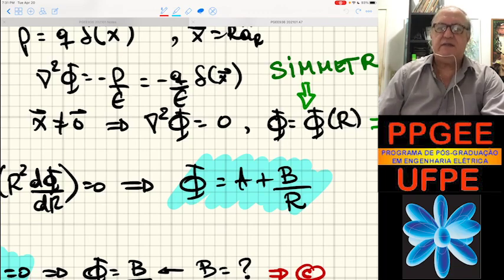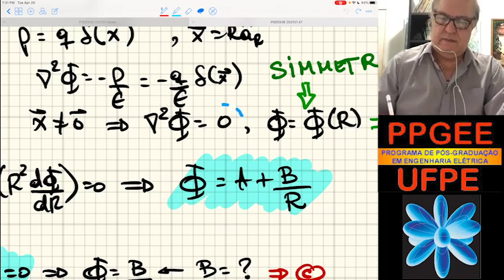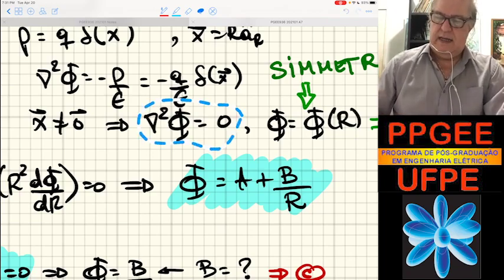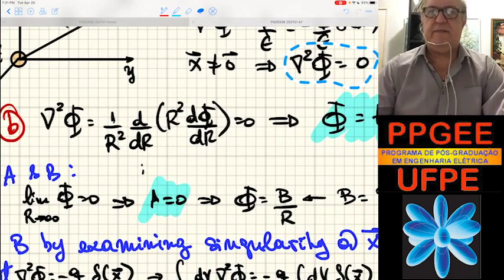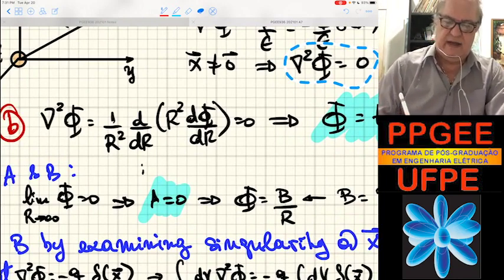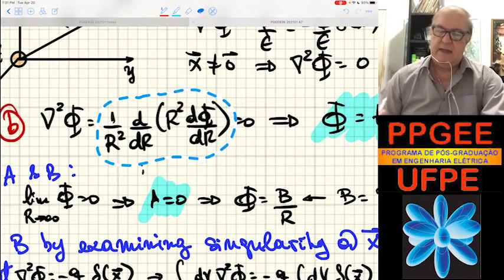For x different than 0, we have Laplace's equation. And because of that, the potential depends only on r, right? So we have this form, the radial part of the Laplacian.